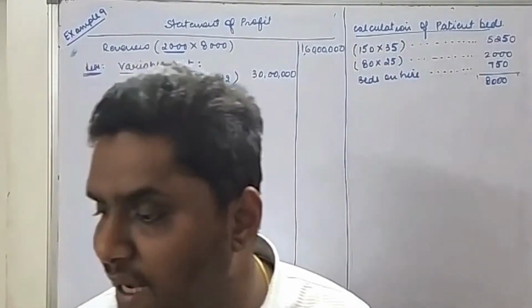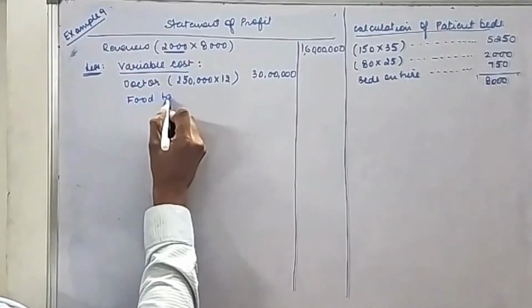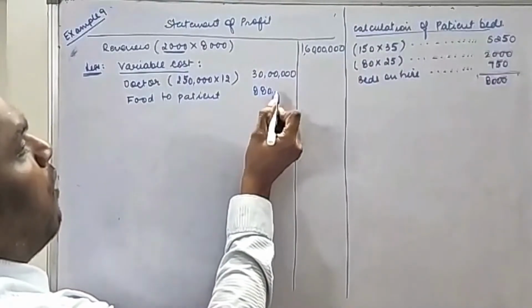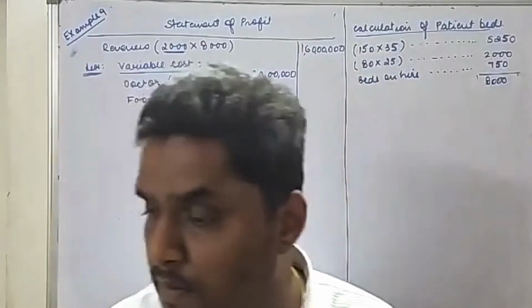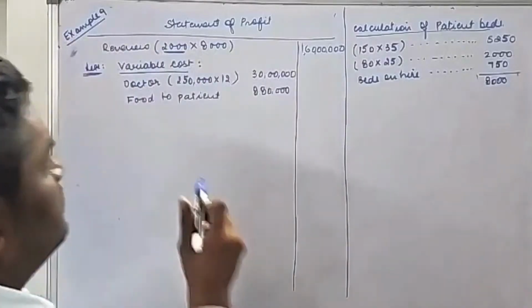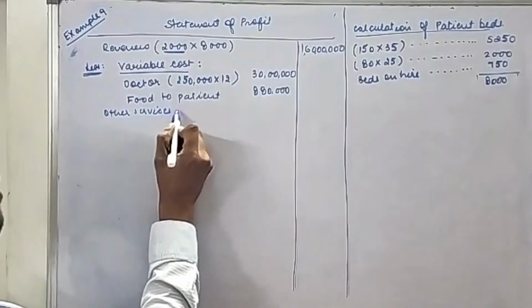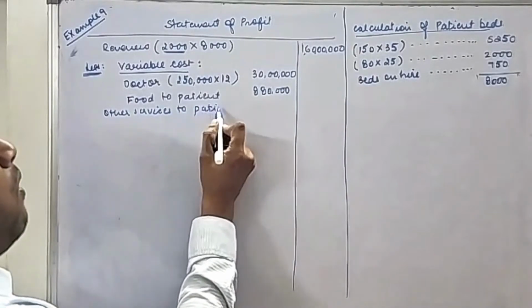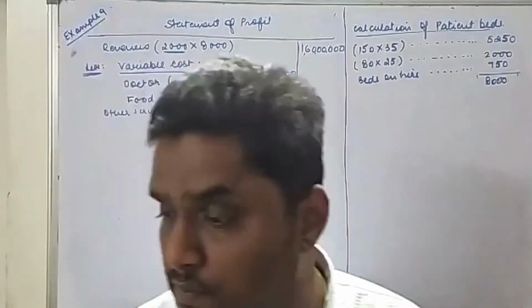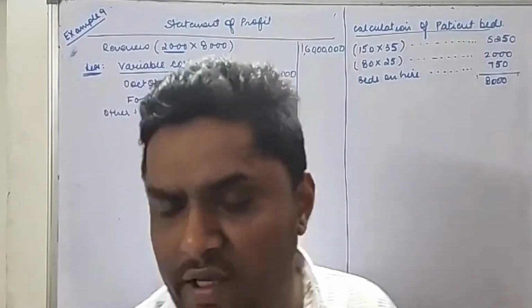Now food to patient 8,80,000, it is variable. Other services to patient 3 lakh. Laundry charges 6 lakh are also variable.